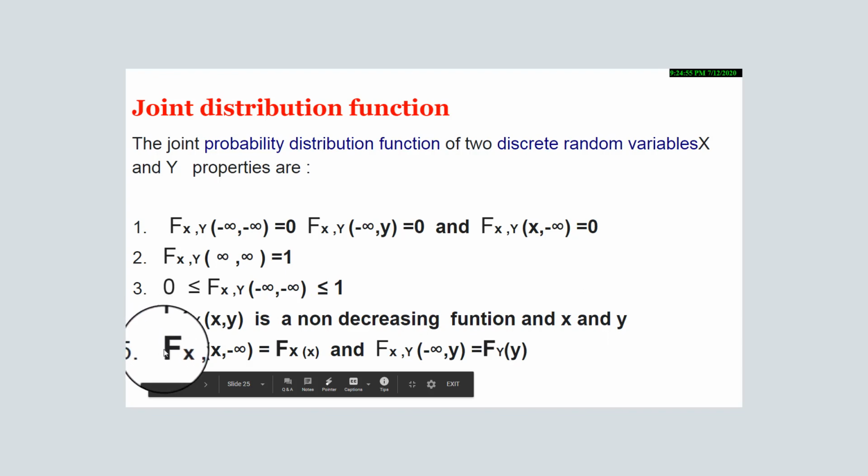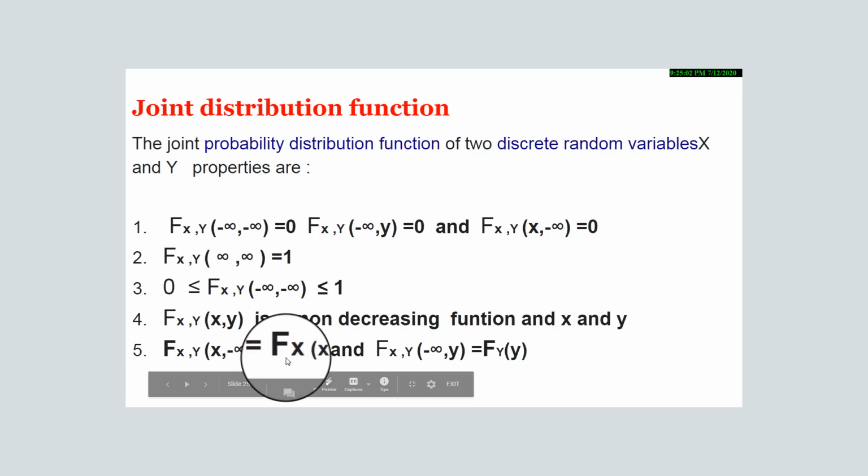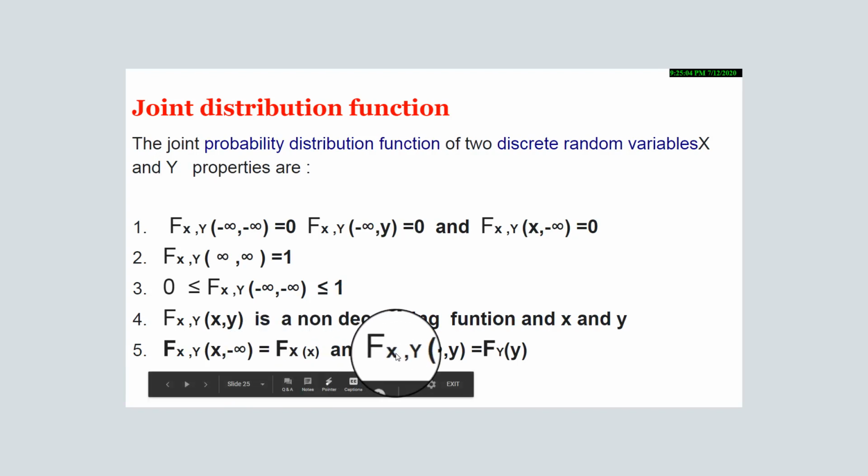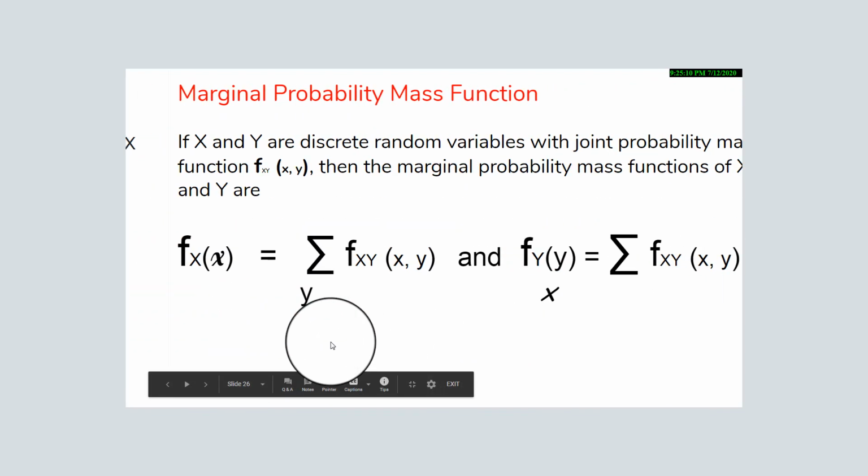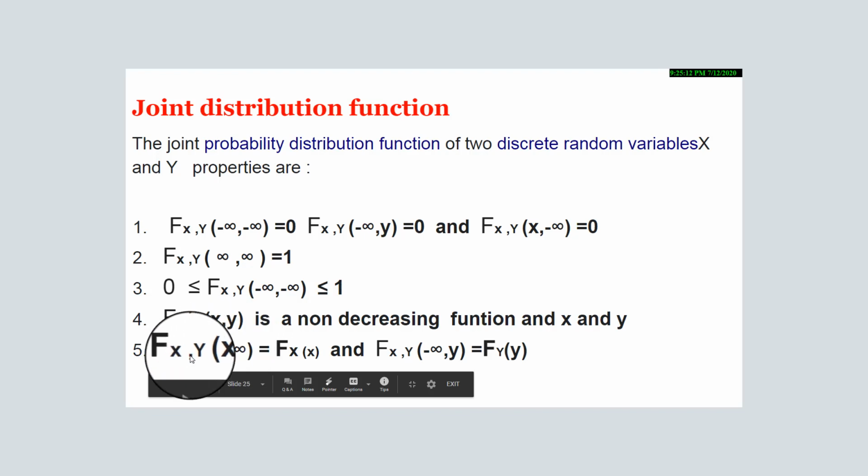The next property says that F of x comma y with x comma infinity is equal to F of x, and F of x comma y with infinity to y is equal to F of y. What does this indicate? This indicates it is the marginal function of x for a distribution function.